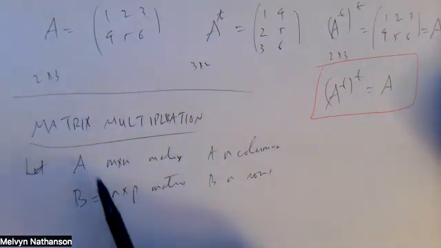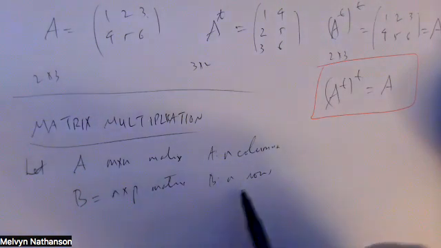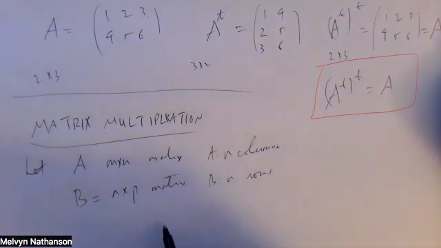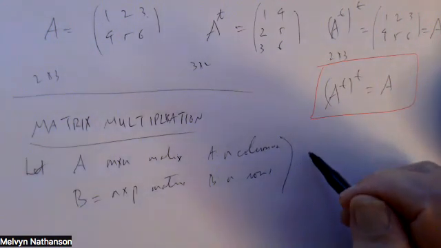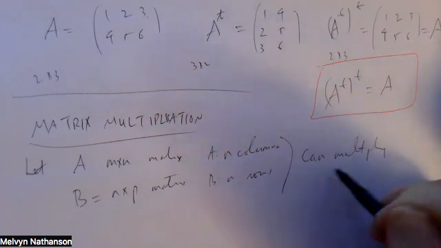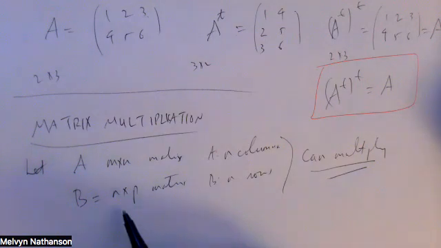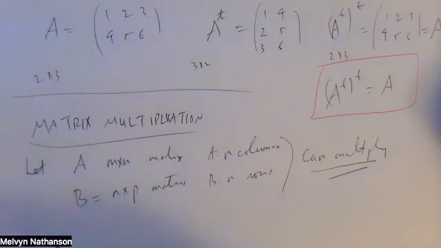The important thing is that the number of columns in A equals the number of rows in B. And when that's the case, then you can multiply. So you can multiply two matrices A and B if the number of columns of A equals the number of rows in B.